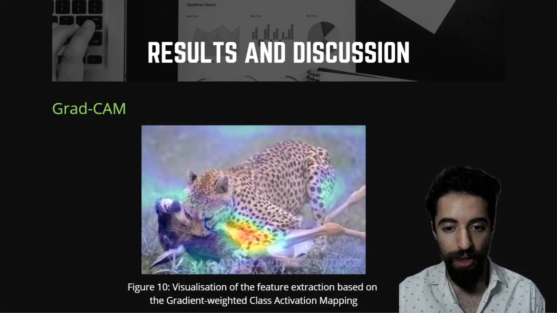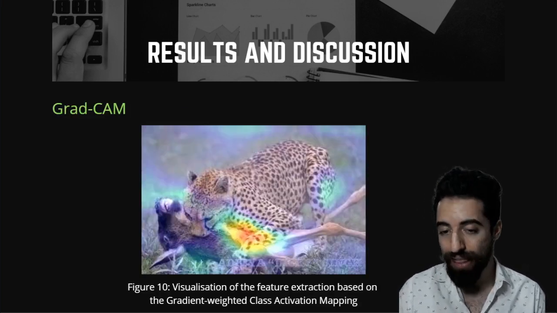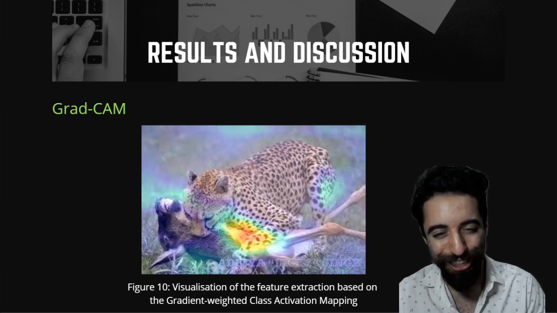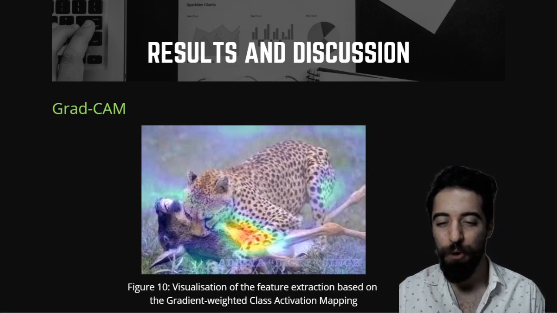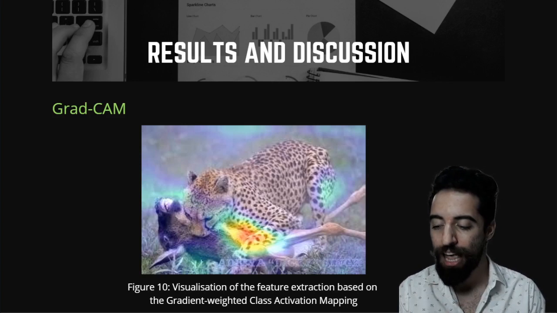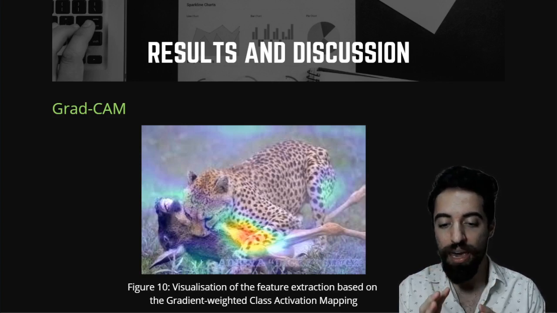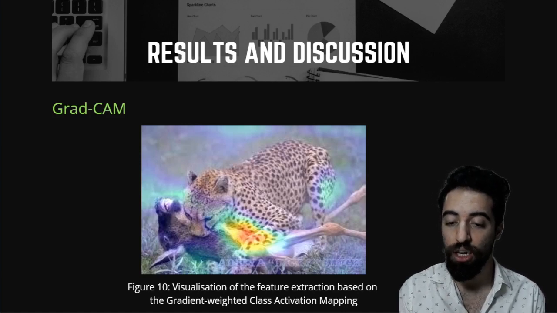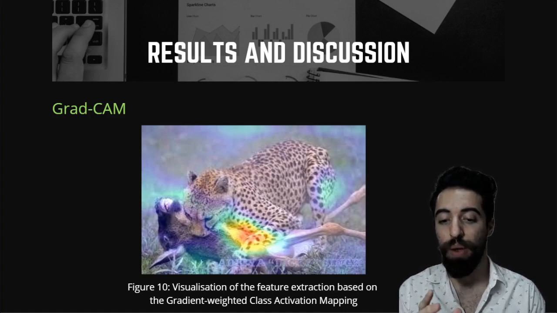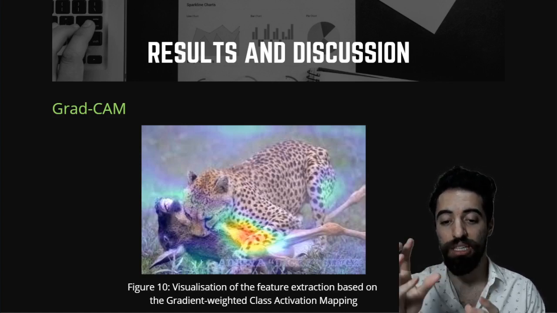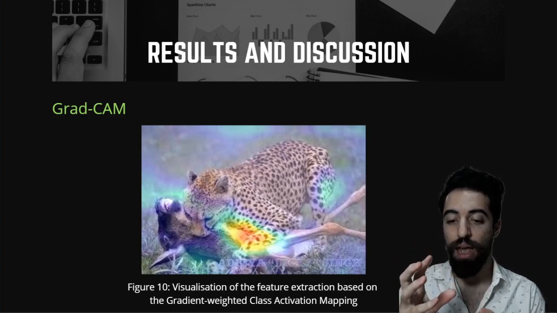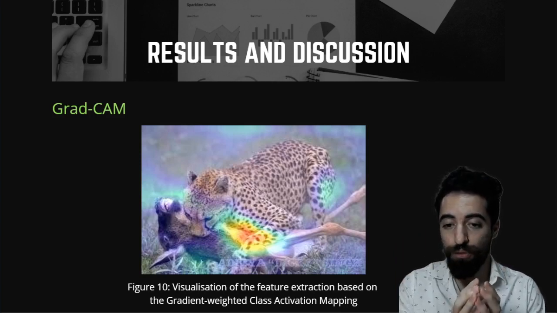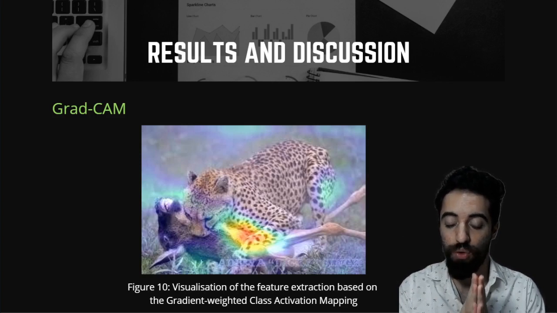So when we look at these interactions in action, as in this one, the graph can show us the most important parts of the picture that the VGG16 is looking at. For example, we have the interaction between the cheetah and the prey here, and the proximity of the individuals is very important for that reason.